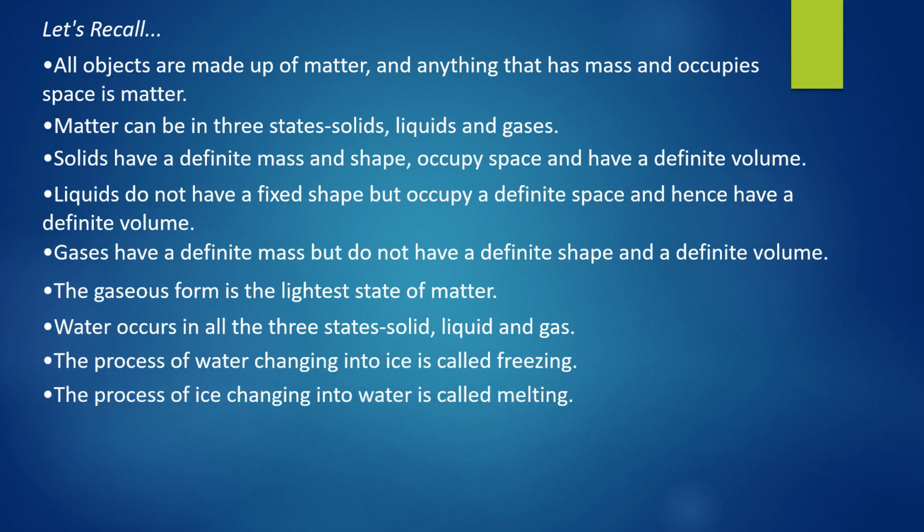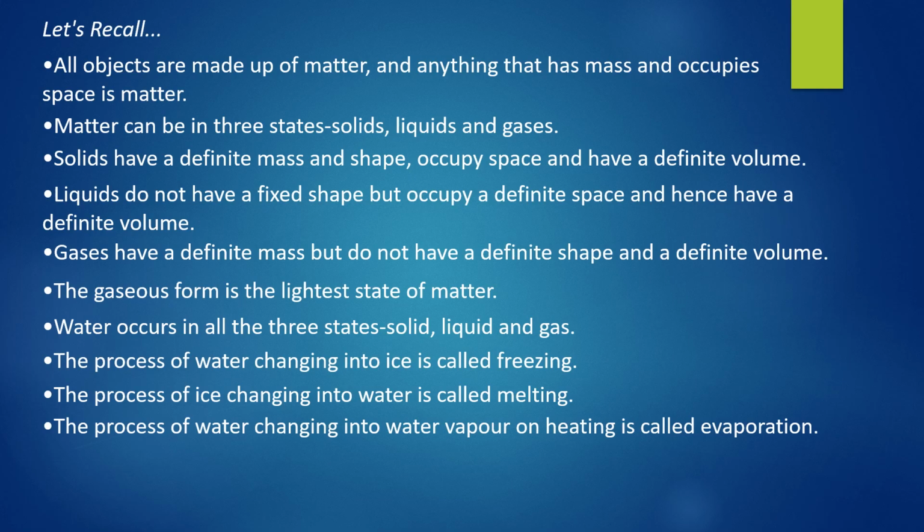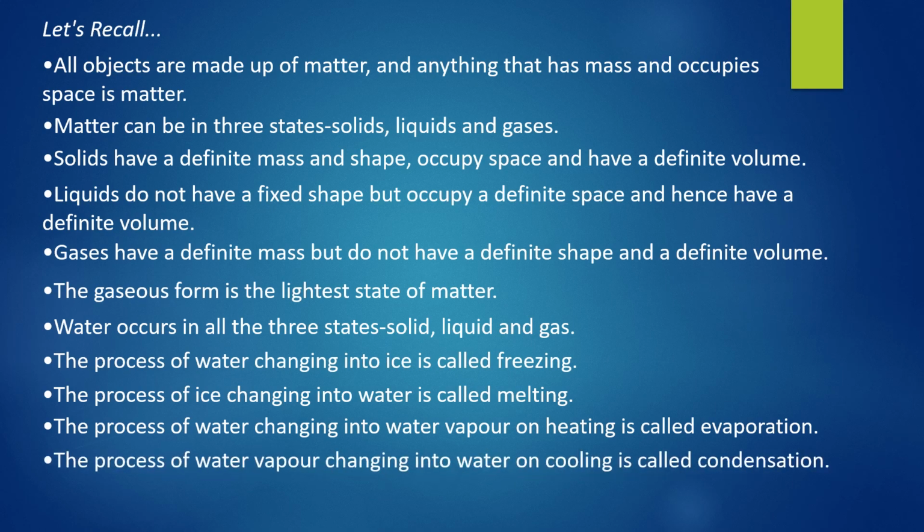The process of ice changing into water is called melting. The process of water changing into water vapor on heating is called evaporation. The process of water vapor changing into water on cooling is called condensation.